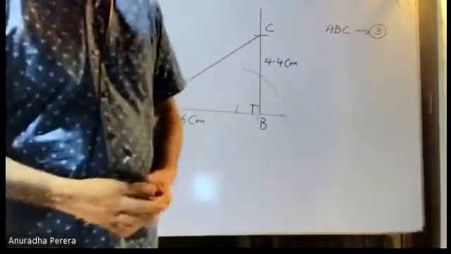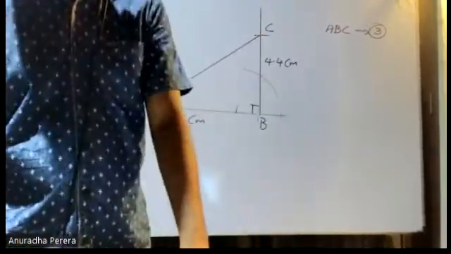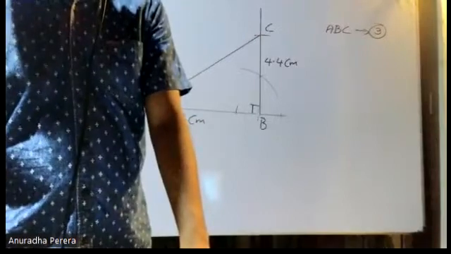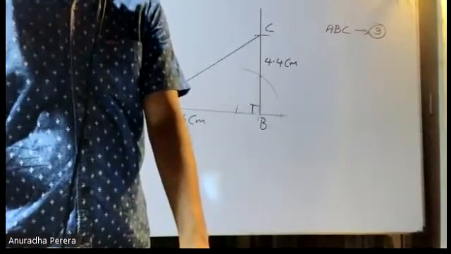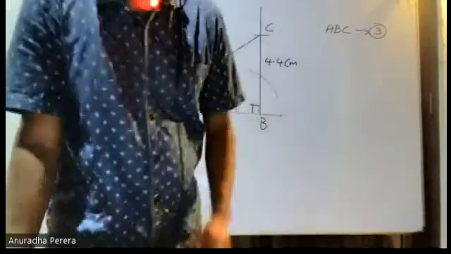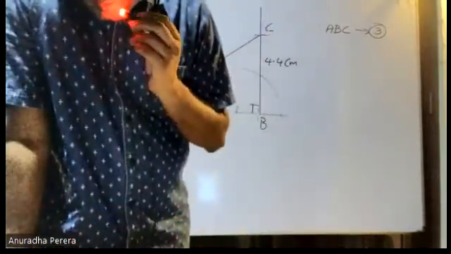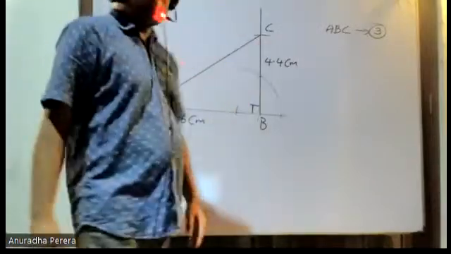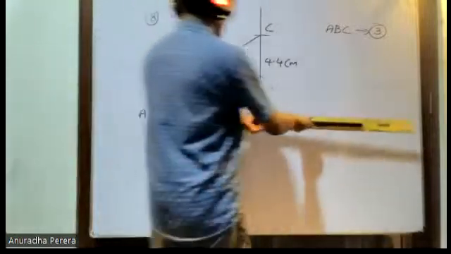Next step, construct the circle that touches the side AB produced, the side AC produced, and the side BC. This is the excircle.